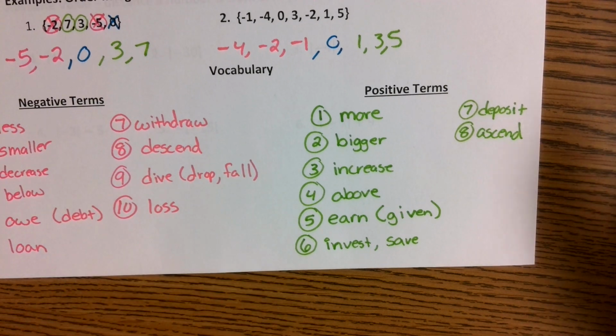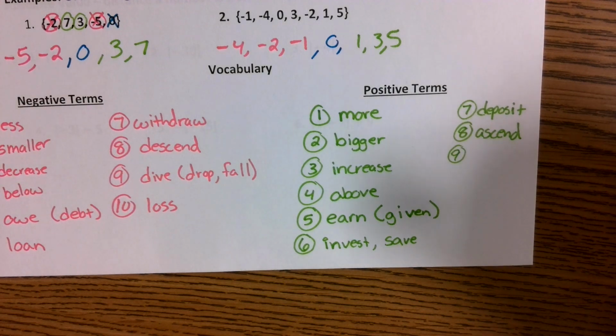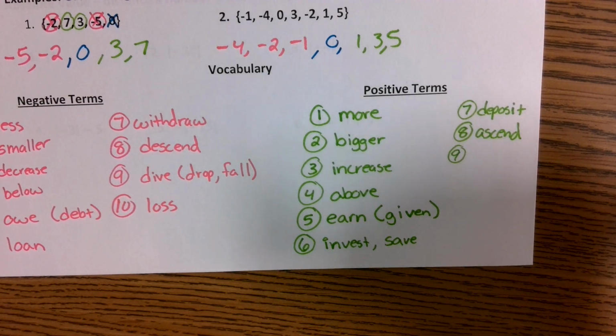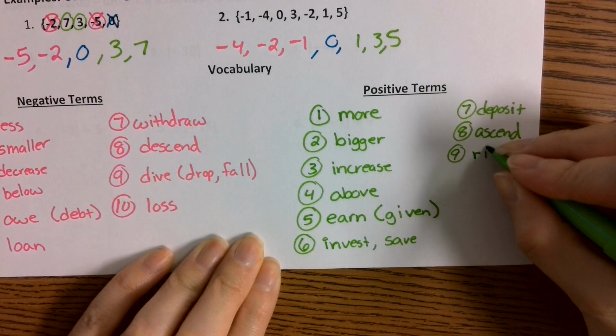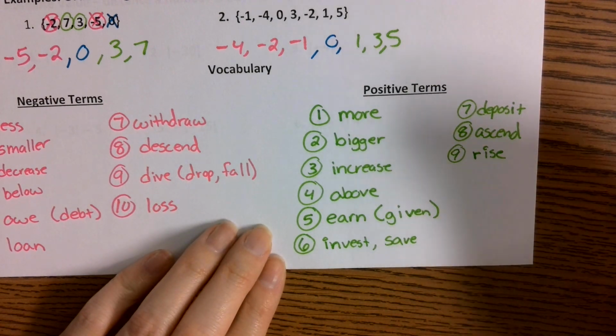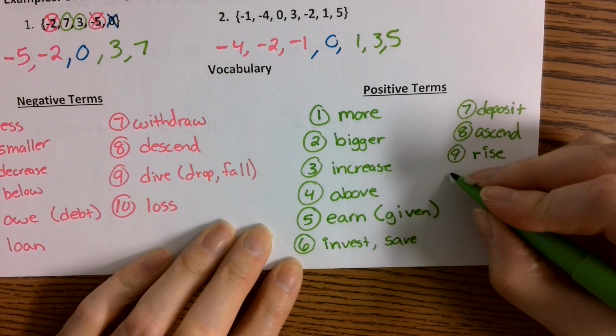When the plane takes off, it's ascending. Okay, opposite of diving or dropping or falling. Instead of it dropping, it's going to what? What do you think, EJ? Rise. Okay, and then the opposite of loss. Ryan had said it before. Ryan, what was it? Gain.